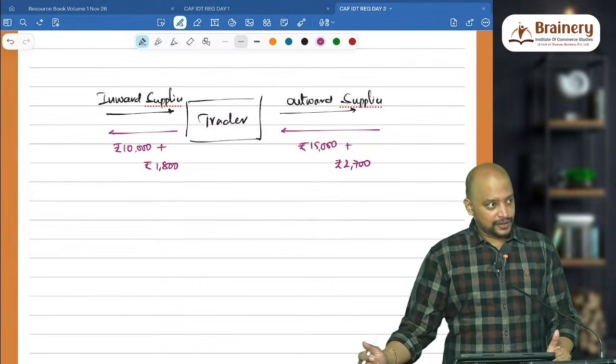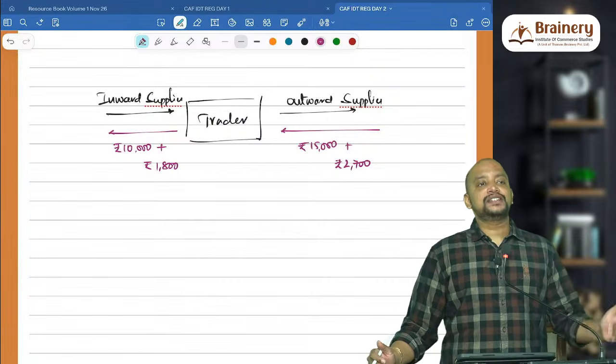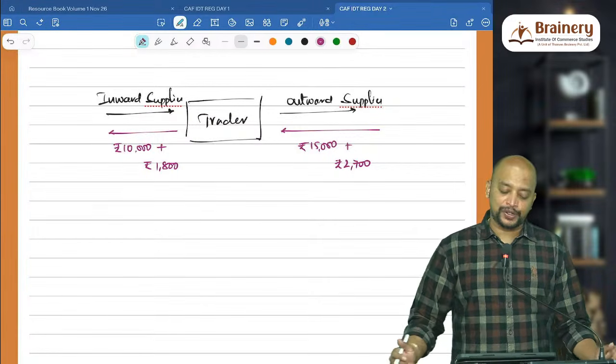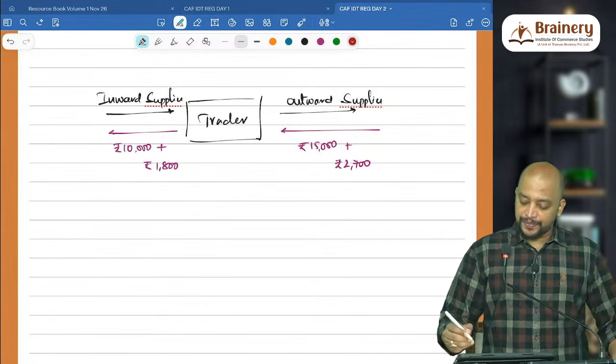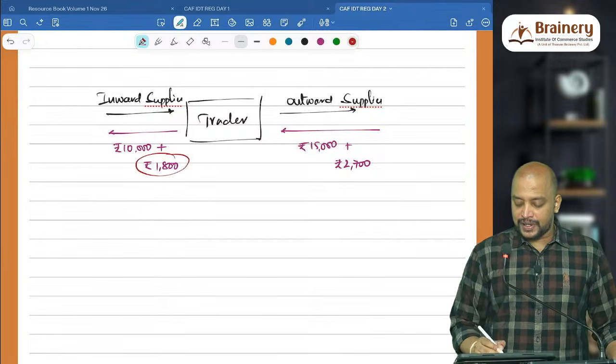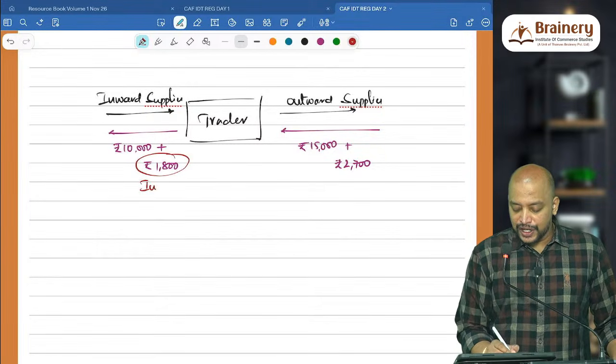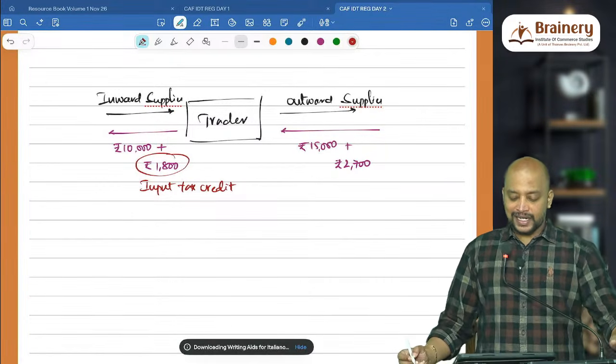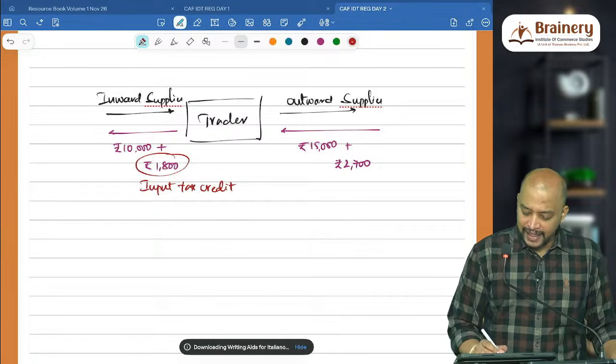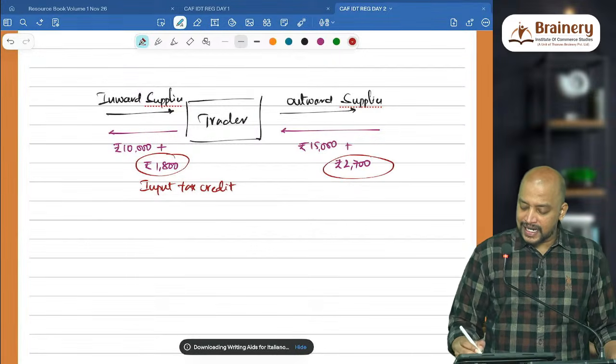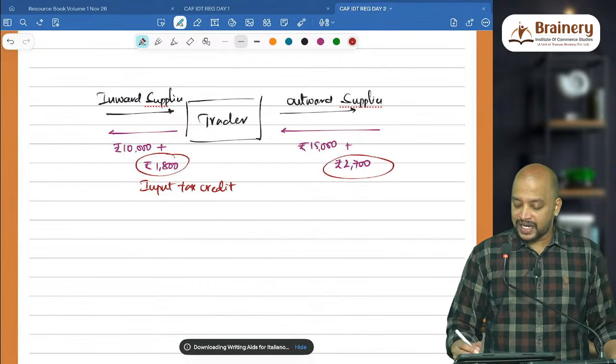Output tax. Tax on inward supplies is input tax, tax on outward supplies is output tax. Now what can we do here? This 1,800 we call input tax credit. We can take credit and adjust it against the liability.